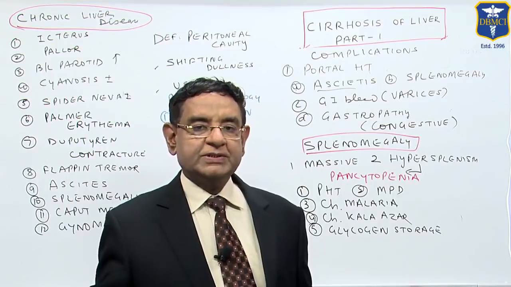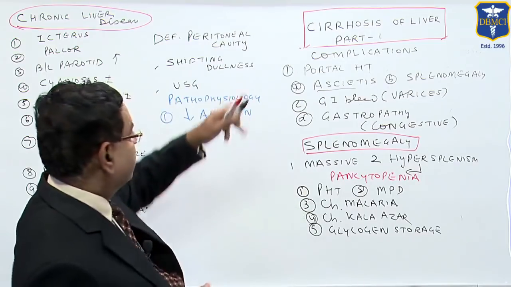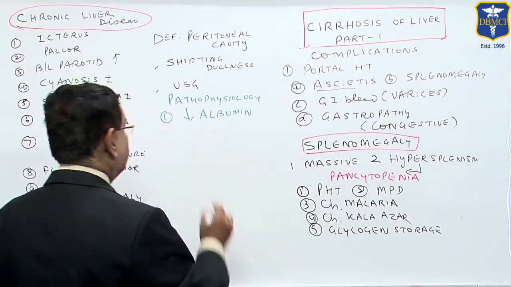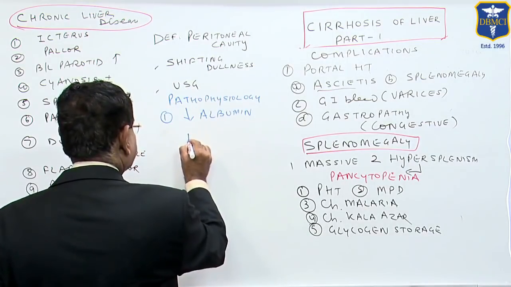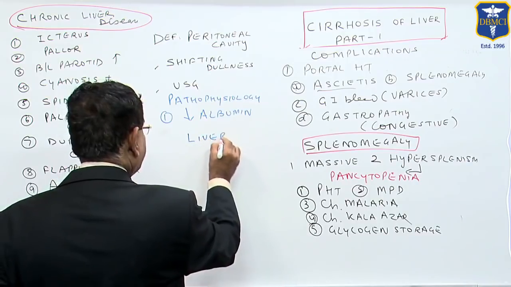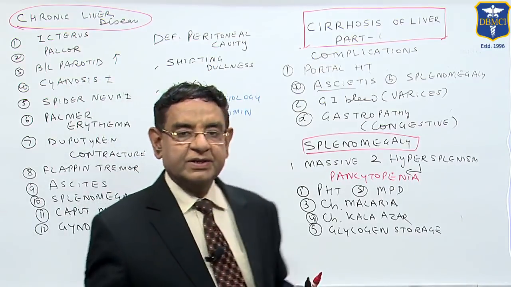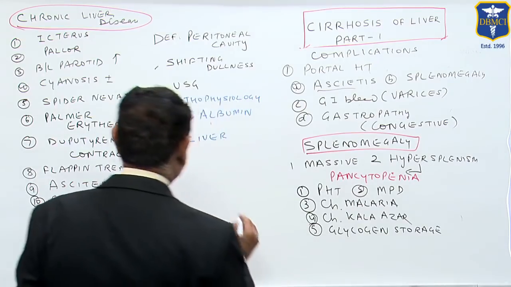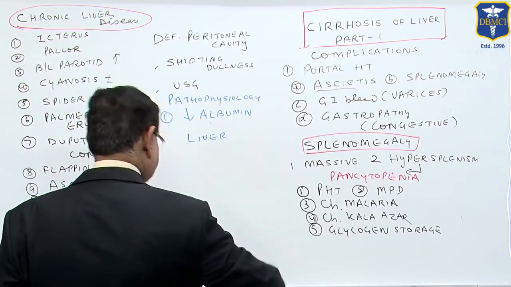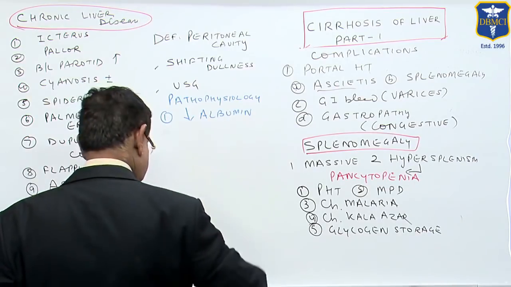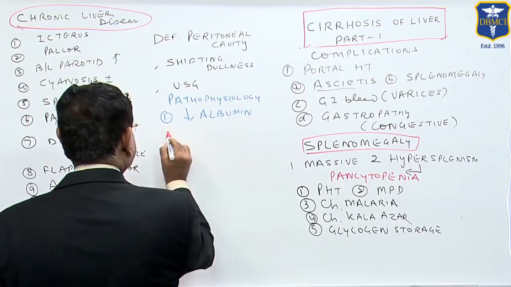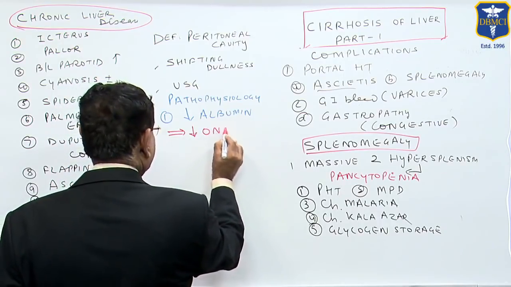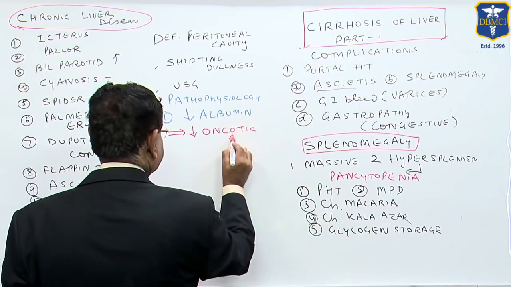It's very obvious. Chronic liver disease is there, and you know very well, albumin is synthesized in the liver. Site of albumin synthesis is liver. So, as the liver is not making albumin, that leads to reduced albumin, which will lead to reduced oncotic pressure.